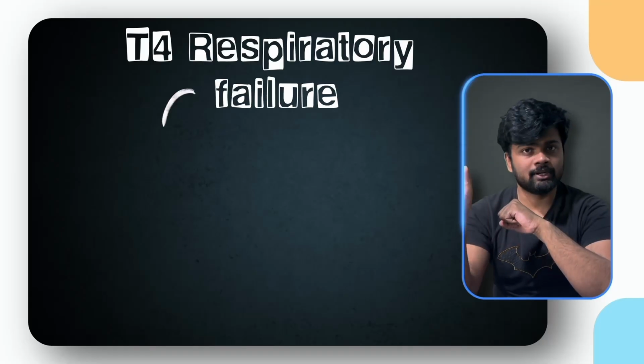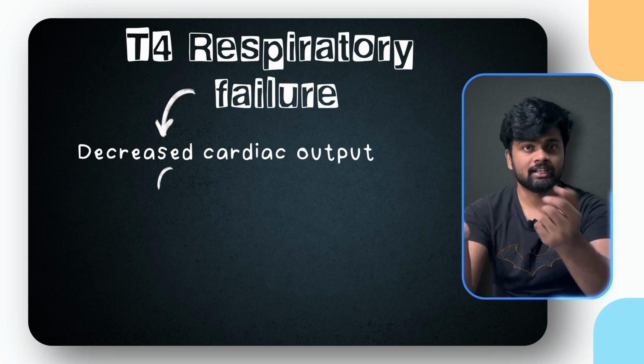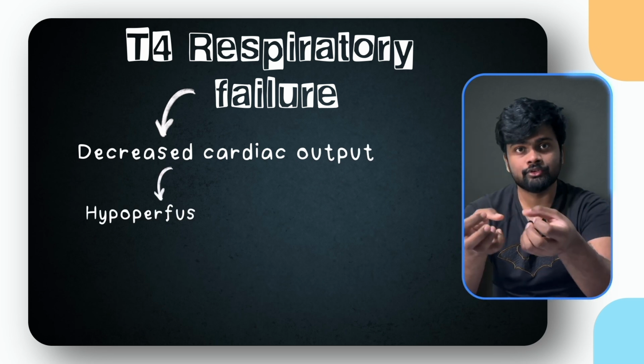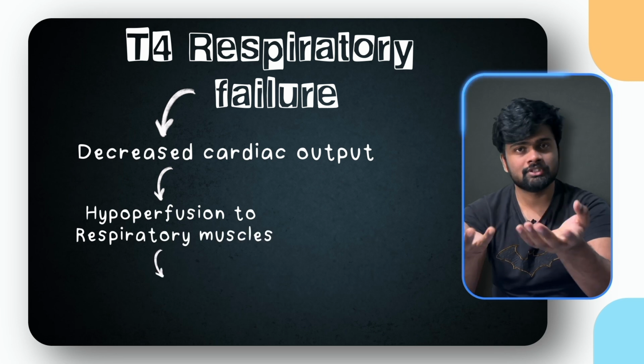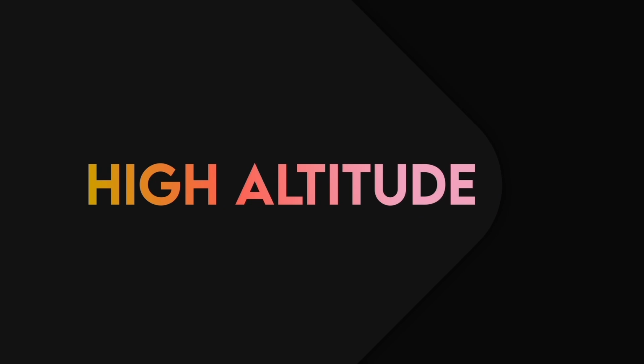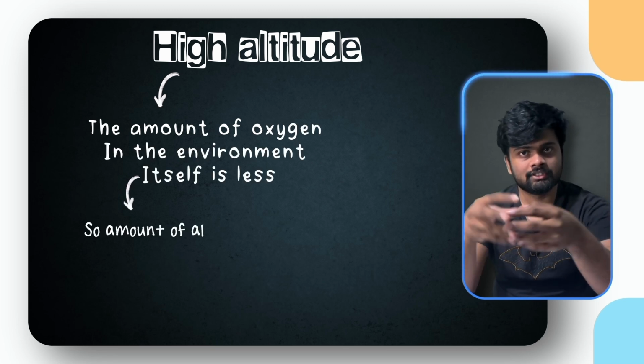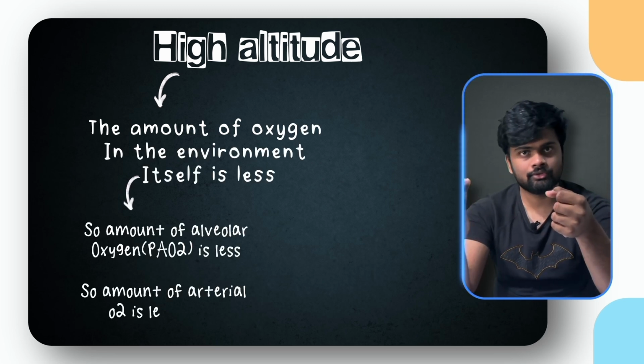Just remember type 4 respiratory failure as decreased cardiac output conditions. If any condition causes decreased cardiac output, there will be hypoperfusion to the respiratory muscles, which causes less working of the respiratory apparatus. Now there is one special condition, that is high altitude. In high altitude, the amount of oxygen in the environment itself is less, so the amount of alveolar oxygen is less, so the amount of arterial O2 is also less.